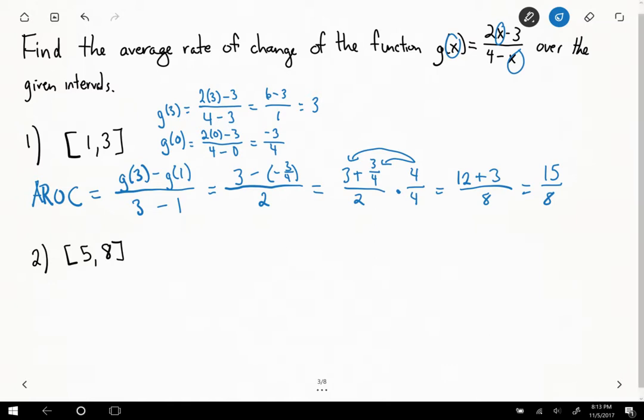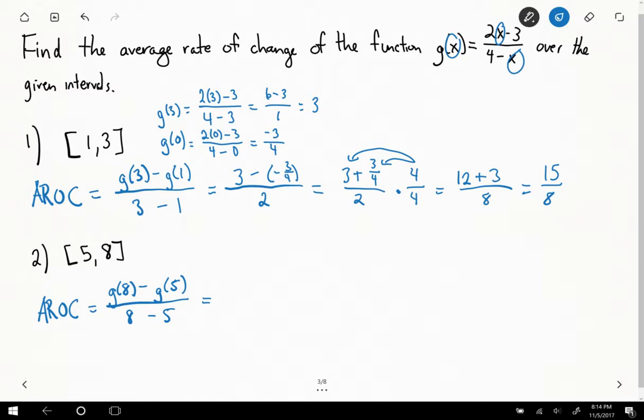Alright, moving forward to our next one. This one will be even nastier than the ones before it. So in this case, what do we have? Well, we have g of 8 minus g of 5 all over 8 minus 5. Okay, so how does this thing look? Right out the gate, we'll just plug them in.